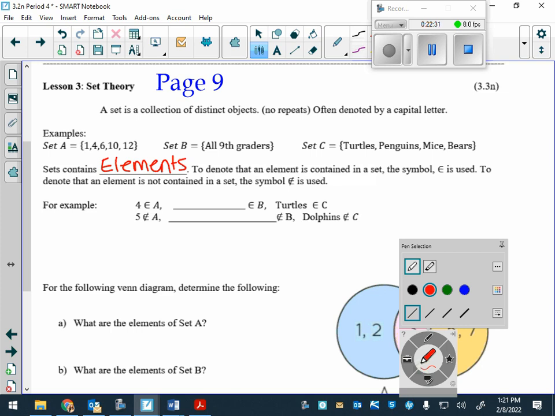To denote if an element is contained in a set, we use this symbol, which looks like an E. So, for example, 4 is in set A. However, 5 is not. If something is not in a set, it looks like that E with a line through it. So, set B is all ninth graders.